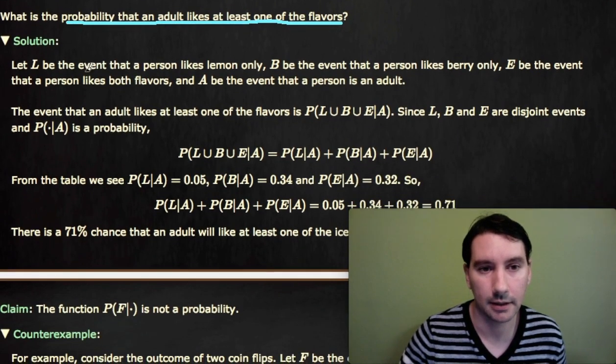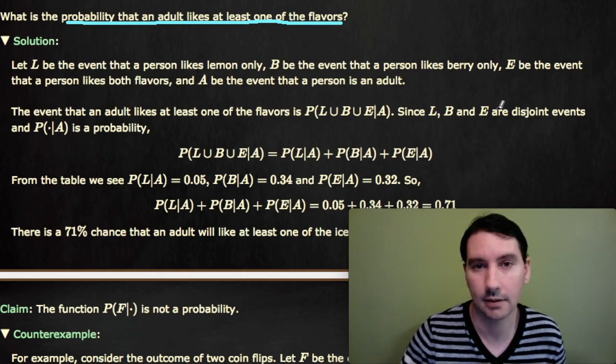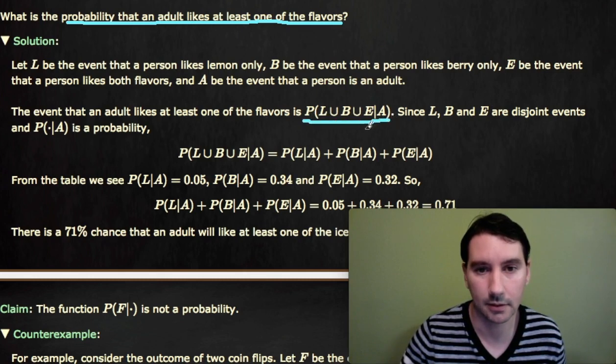Well, let L be the event that a person likes lemon only, let B be the event that a person likes berry only, and let E be the event that a person likes both flavors. We'll let A be the event that a person is an adult. And here what we're curious about is the probability that they like both, or they like berries, or they like lemon, given that they're an adult.